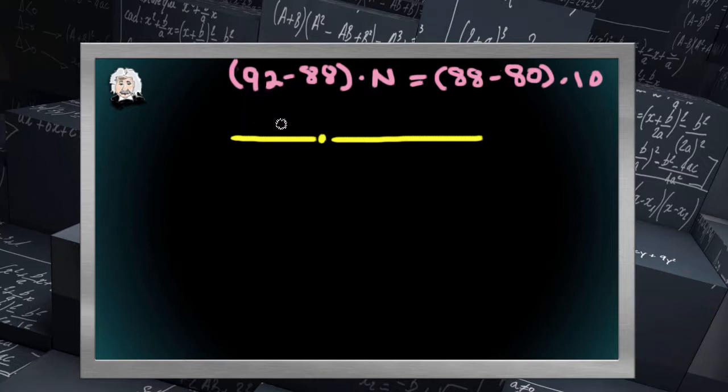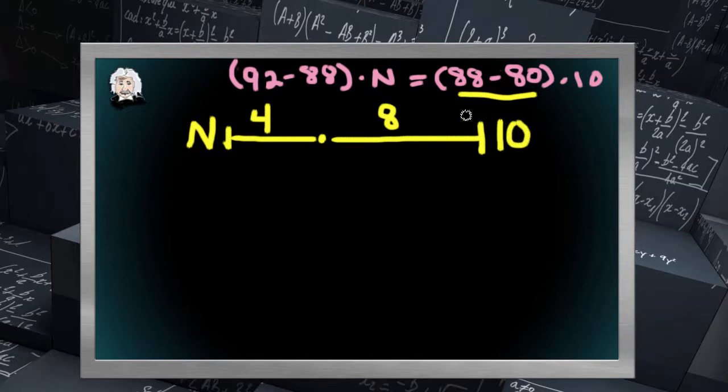If the length of one side of our seesaw is the difference from average for the second group, 92 minus 88, which we said before is 4, and the length of the other side of the seesaw is twice as long, the difference of the average from the first group, which we said before was 8, we know n, the amount of people we need to sit on the end of the left side of the seesaw, must be twice as much as 10, the amount of people sitting on the right side of the seesaw, in order for those figures to remain equal.